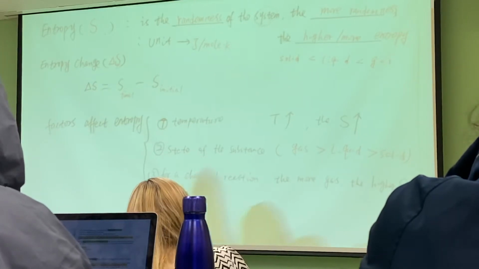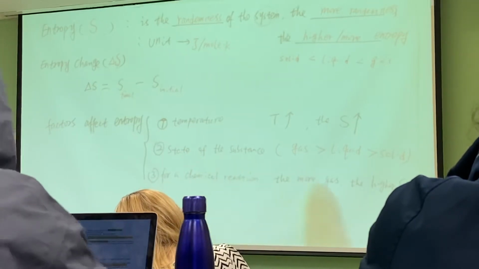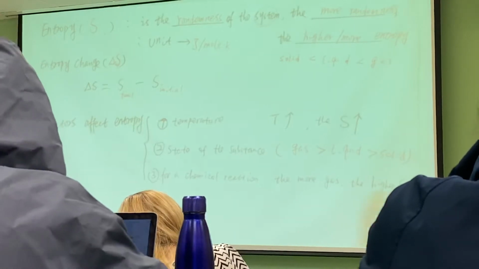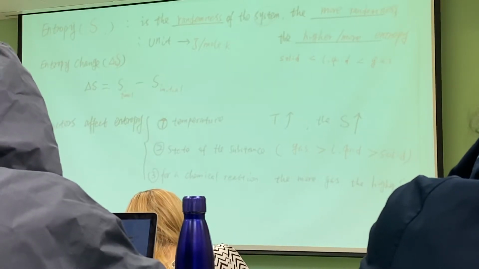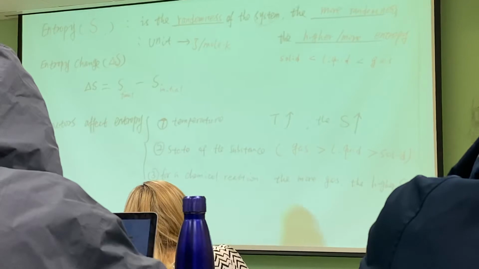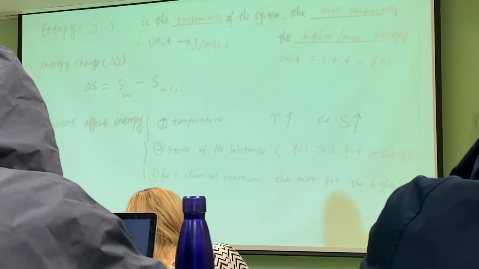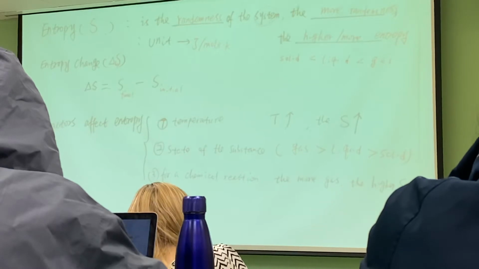So actually it's related to the second factor, right? Gas gives you higher entropy. So if you have a reaction involving gas, you have to compare which side gets more gas. The more gas, the higher the entropy. So we will see some examples.